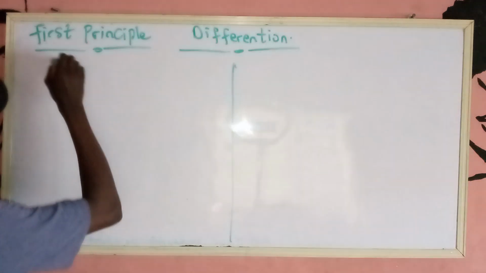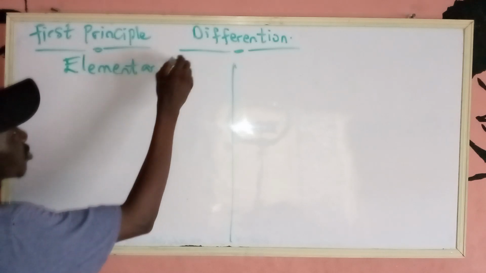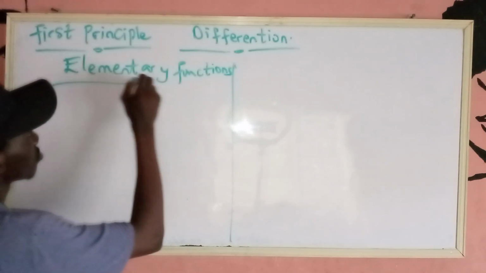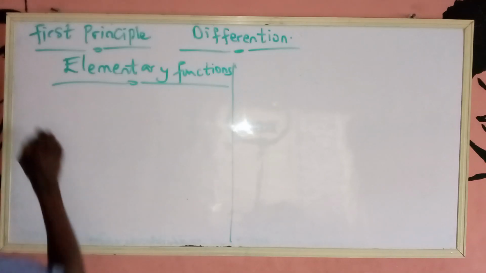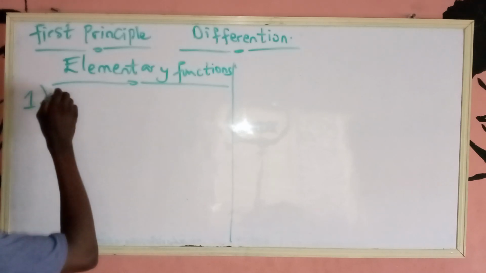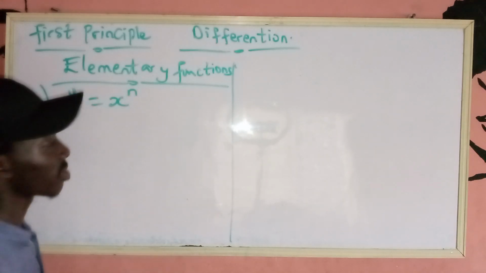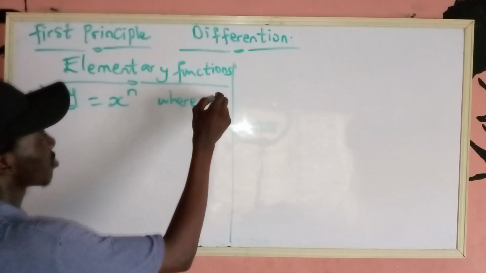We have, let me say, 5 elementary functions we have in mathematics. Number one, we have y is equal to x raised to power n, where n is an element of real numbers.